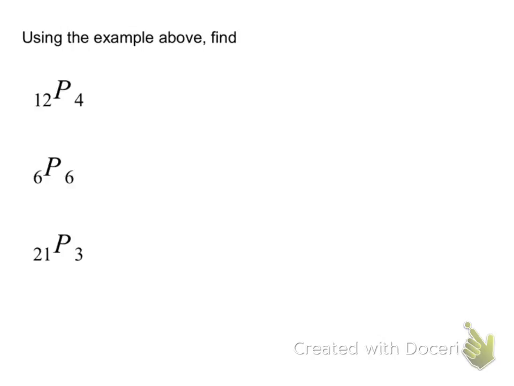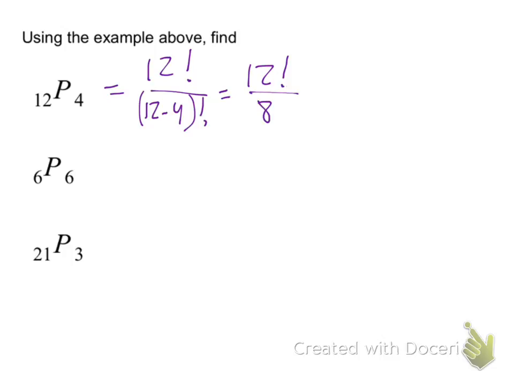What should this look like, that first one? What's the setup? 12 factorial over 12 minus 4 factorial. 12 factorial over 8 factorial.